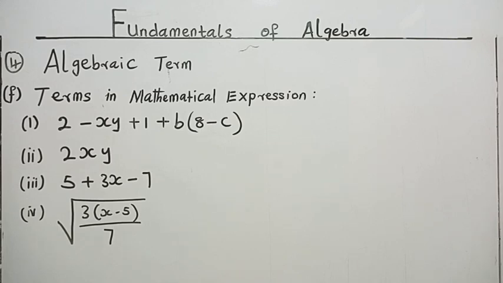What about this number 3? We have 5 plus 3x minus 7. Somebody who is not properly taught and is asked to state how many terms there are in this third expression will say that there are 1, 2, 3, 4 terms. But do you think that there are 4 terms in this expression? The answer is no. First is 5. The next number is 3.